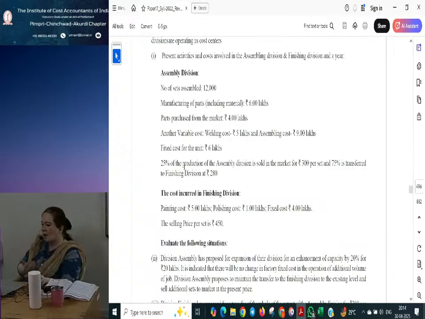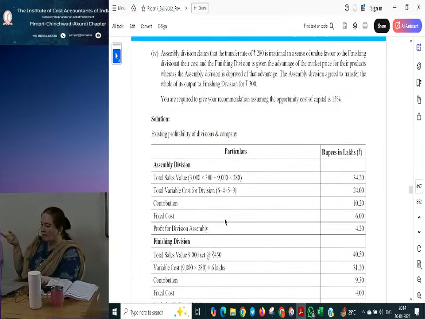Sorry. Fixed cost for the unit is 6 lakhs for the assembly. So when we deduct the fixed costs from the contribution, we get the profit for the assembly division. Got it?